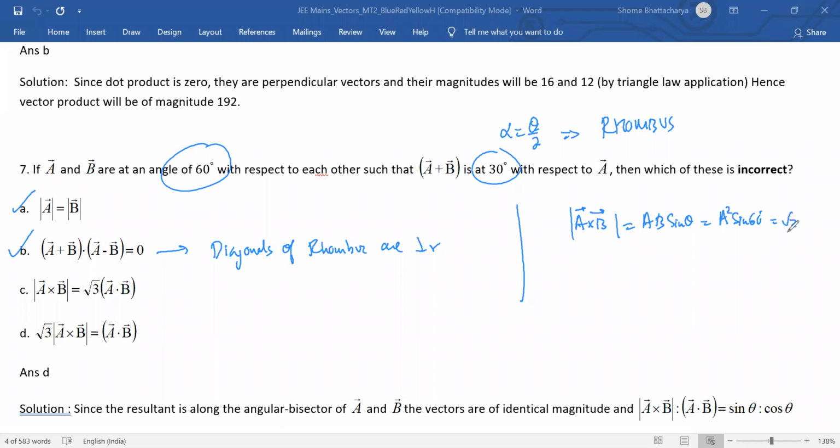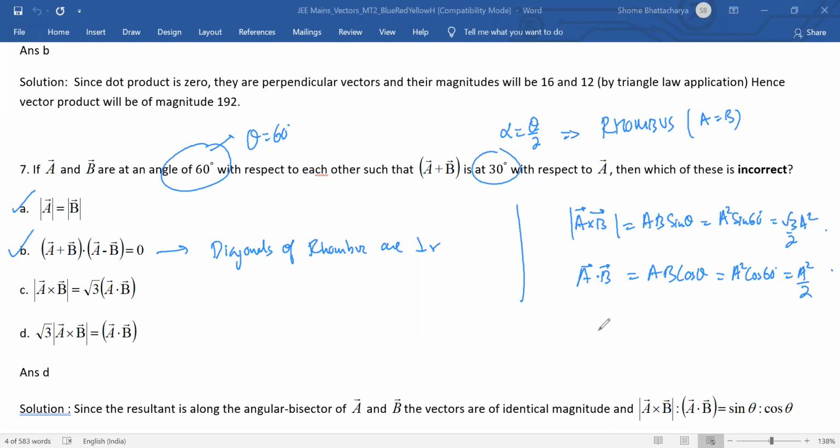So it's root 3 by 2 A square, because theta here you can see is 60 degrees. You also know that A dot B is AB cos theta. So that's becoming A square cos 60. So that is A square by 2.